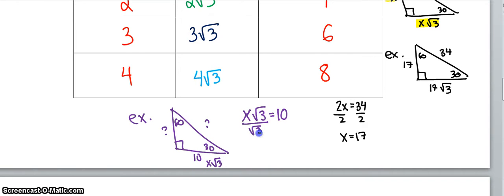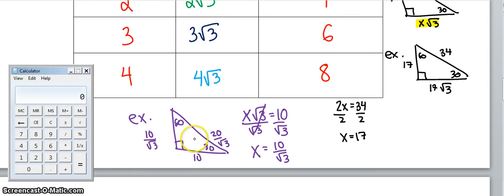So I divide both sides by root 3. Those would cancel, and I'd get x equals 10 over root 3. So this side would be 10 over root 3, because that's my x side, opposite the 30. It's the shortest side. And this side would have to be 2 times 10 over root 3, which is just 20 over root 3.